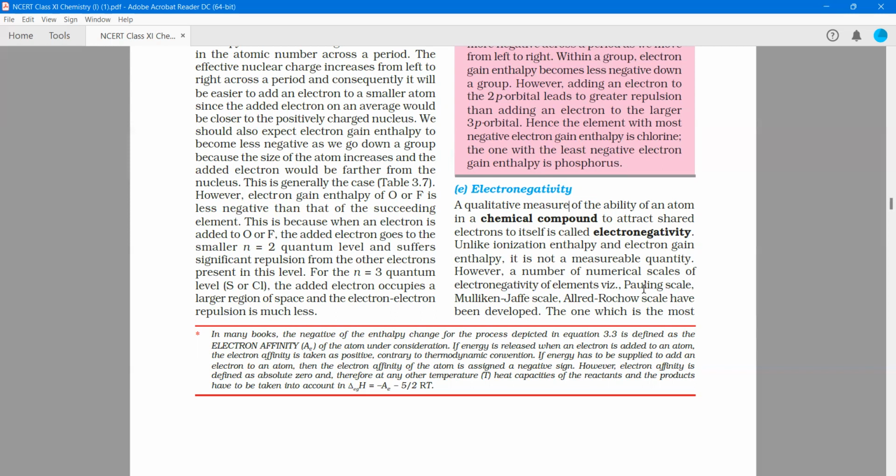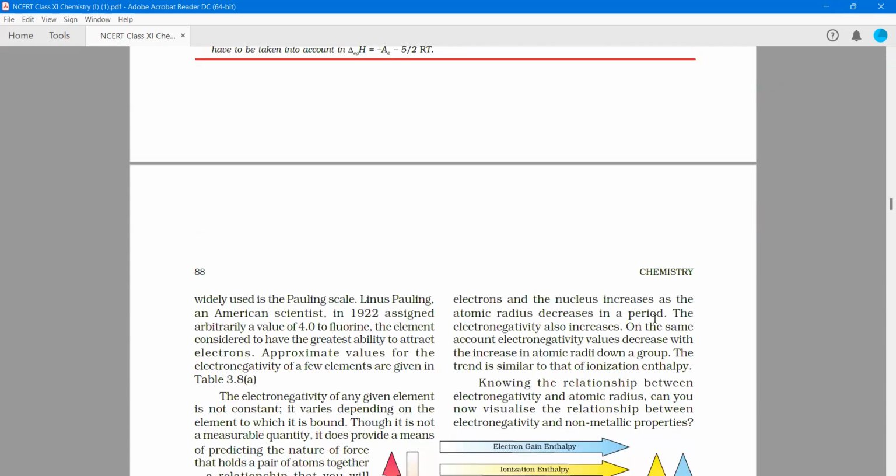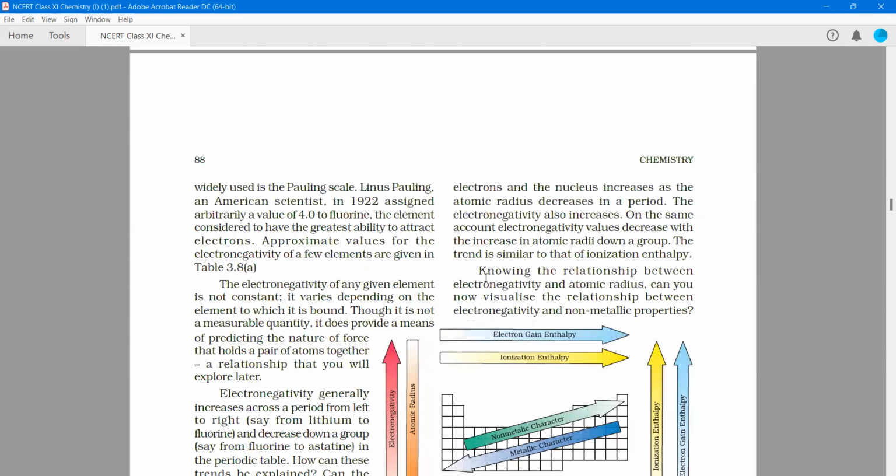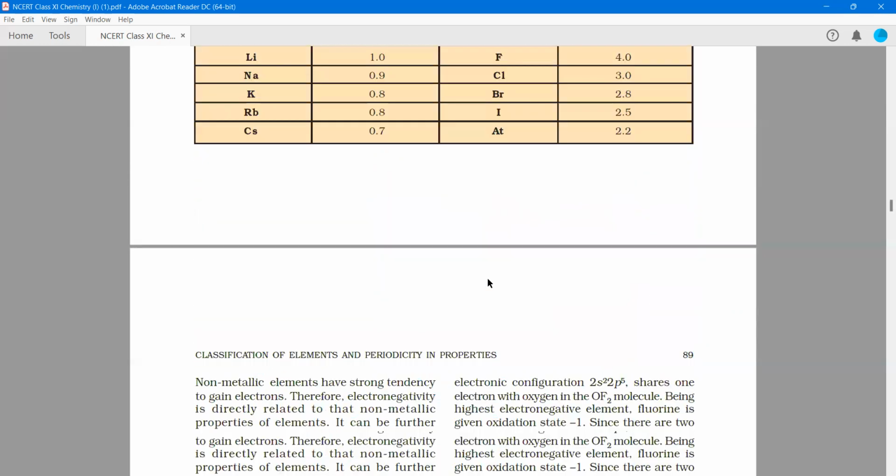So you have different scales: Pauling scale, Mulliken-Jaffe scale, Allred-Rochow scale. The Pauling scale is very famous, and it is the one we consider.